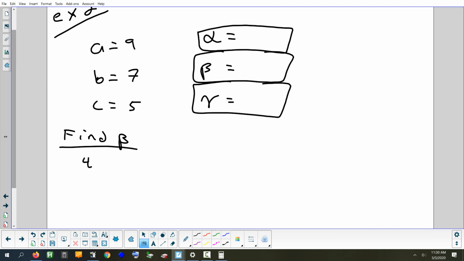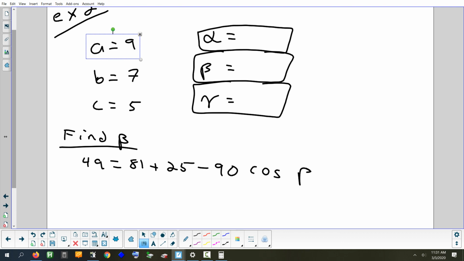B squared equals A squared plus C squared minus 2AC cosine beta. All right, let's do that out. 2 times A times C. Well, 2 times C is 10, and 10 times 9 is 90. So B squared equals A squared plus C squared minus 2AC cosine beta.